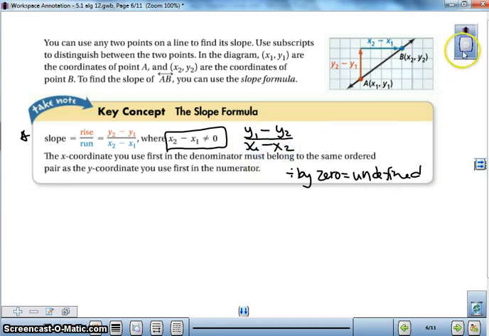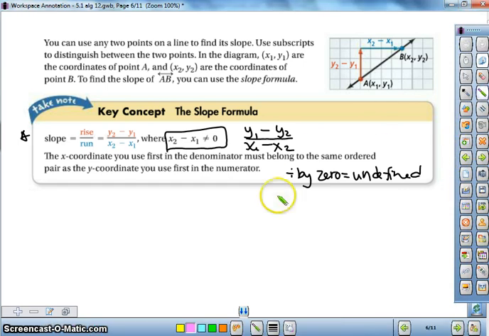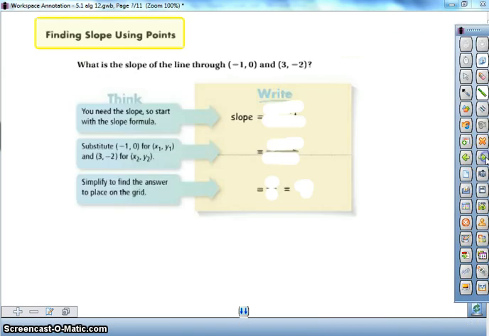One of the things I want you to notice is that when you look at your lines, this is your first coordinate point, x1 and y1, and those two have to be above and below each other. And if x2 and y2 is your second point, they have to be above and below as well. The other thing that is key is it is always the difference. You are subtracting. That is change. So as you're putting these in your notes, look at those.